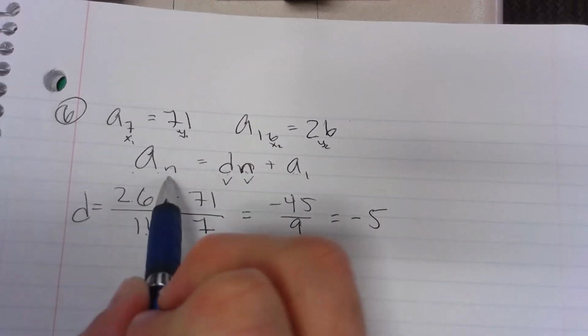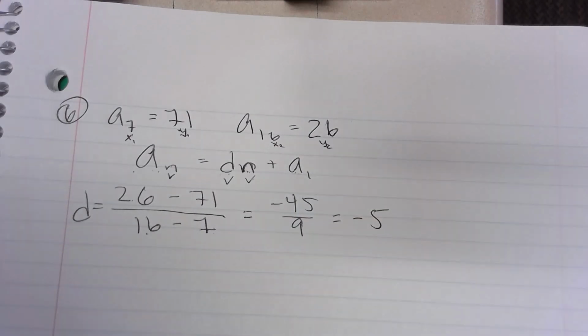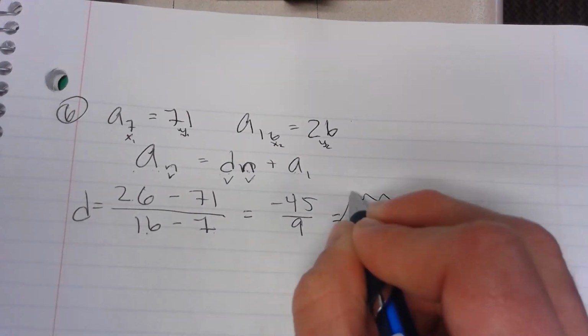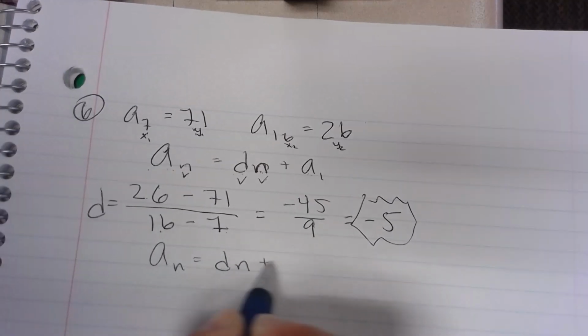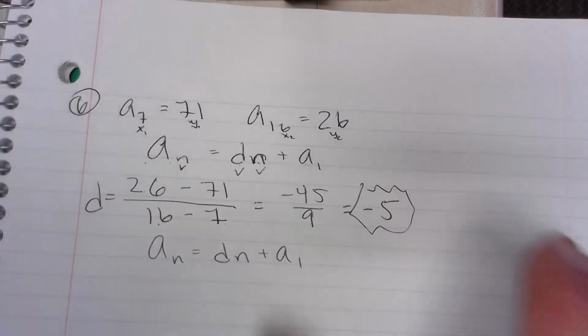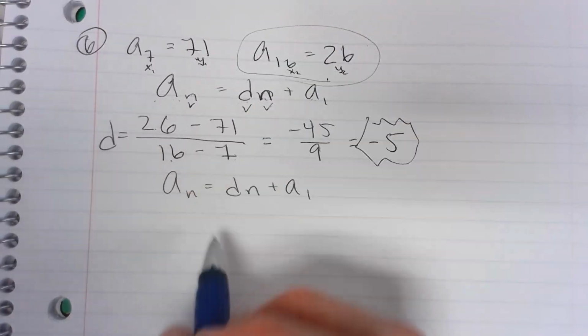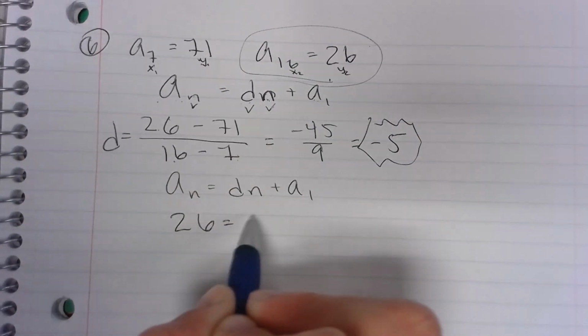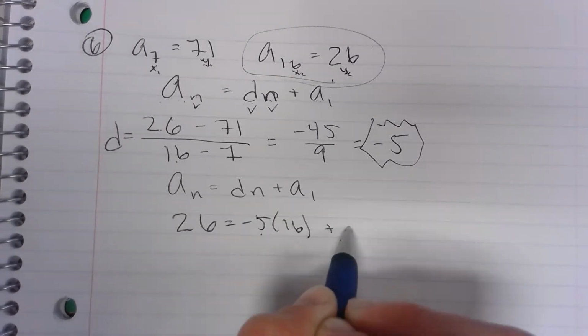And I actually already know one of the ends. I actually have two of these and two of these. So I'm going to go ahead and use this one. So taking my common difference, I'm going to plug it into the equation, which I'm going to rewrite for you so you don't get lost. I'm going to use this term up here. The 26 is the 16th term. My common difference is -5.